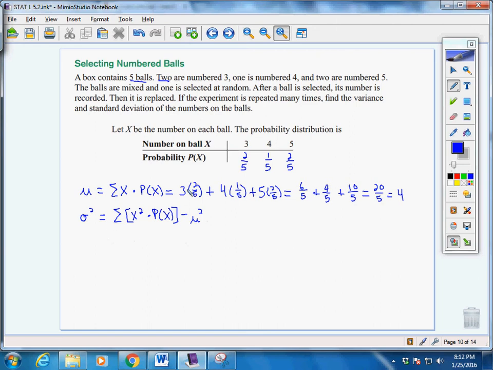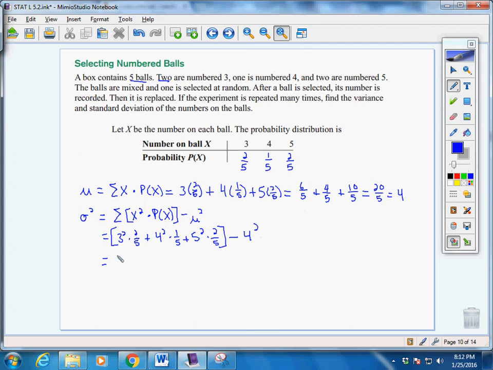Do the same thing you did here, but we're going to square each of these. So I'm going to go 3 squared times 2/5 plus 4 squared times 1/5 plus 5 squared times 2/5. And then subtract our mean squared, and our mean is 4. It's what we just figured out.